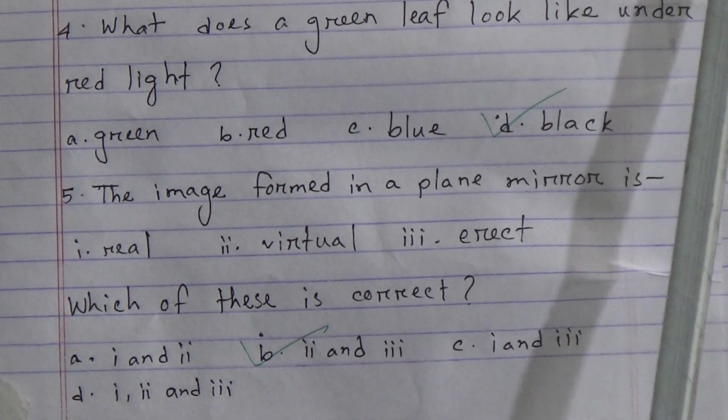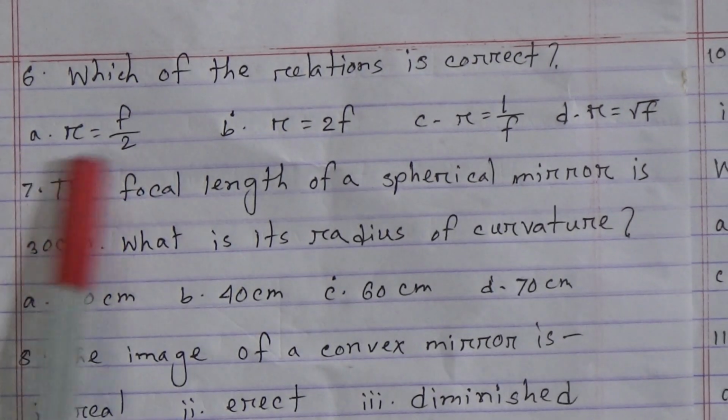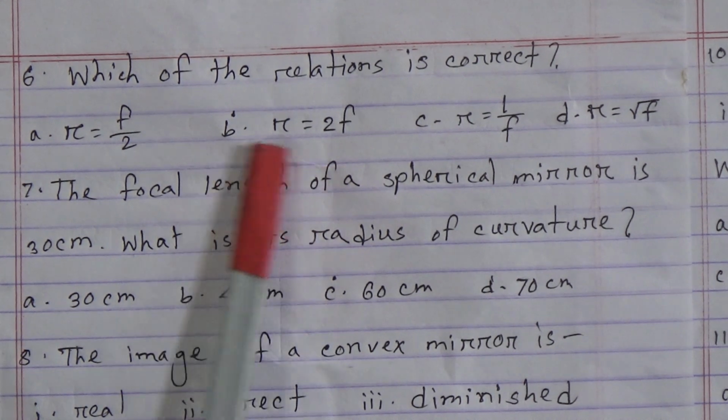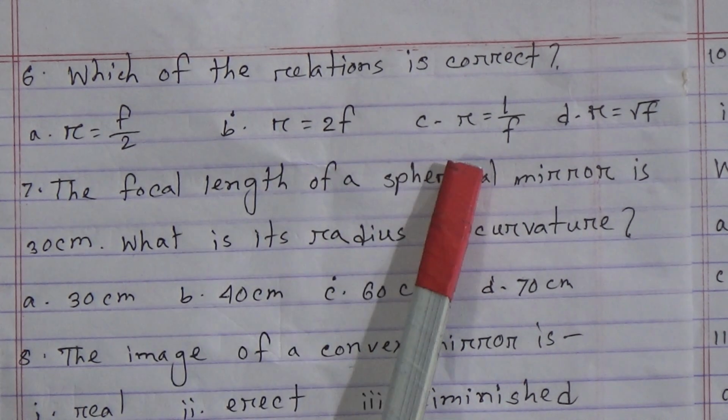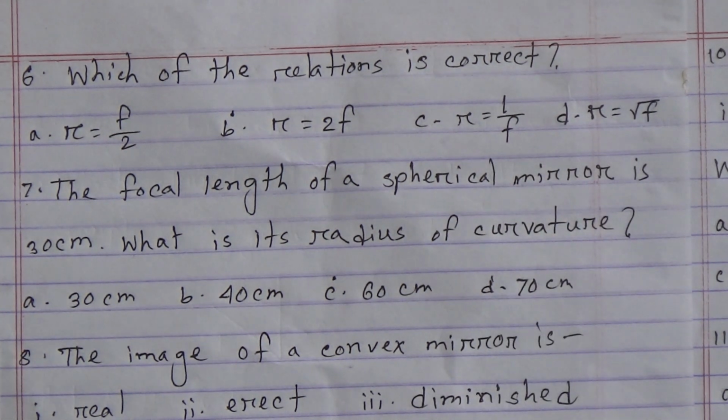Now the next question: which of the following is the correct relation between focal length and radius of curvature? Option B r equals 2f, option C r equals 1 divided by f, and option D r equals root over f. My dear students, we will find out the correct relation.